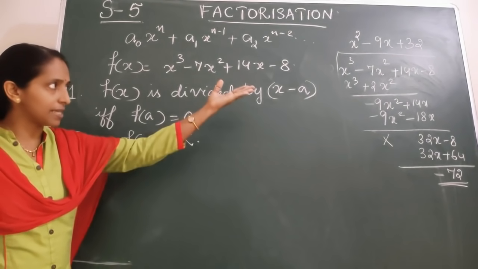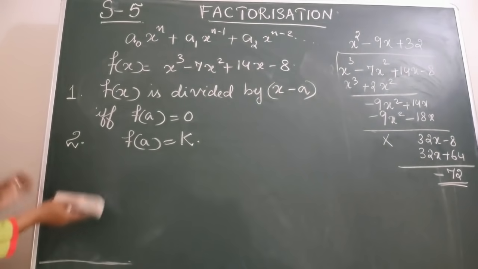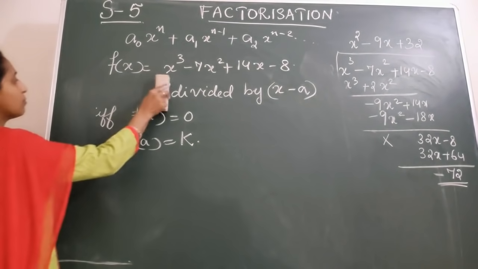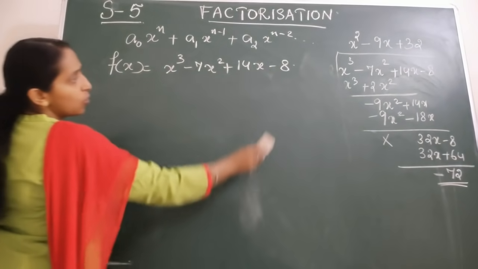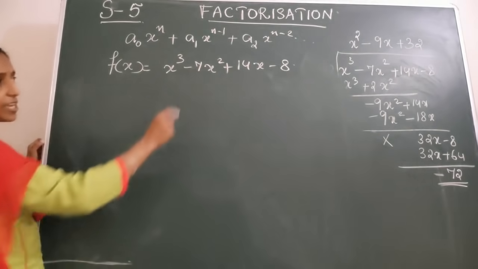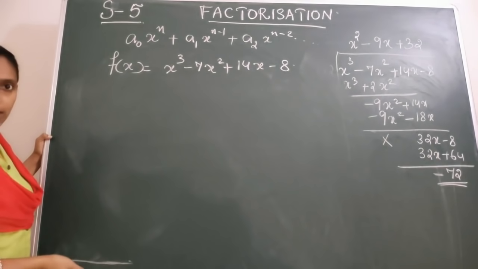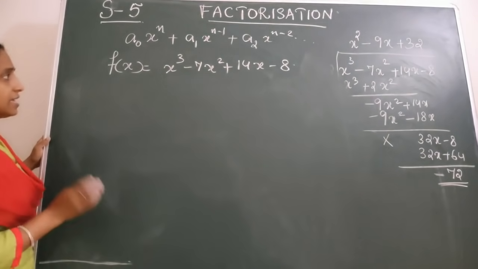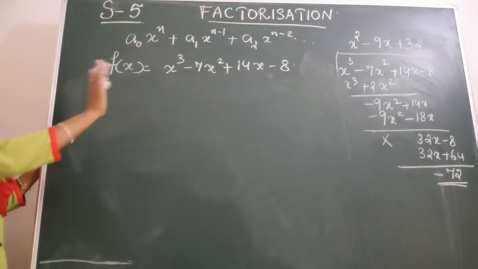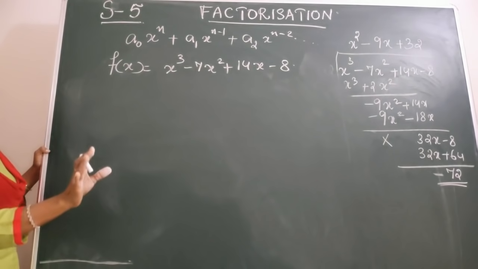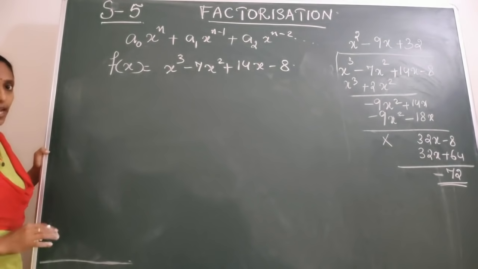The same example I will explain. Without dividing the polynomial you can check whether it is a factor or not, because in the lower classes you were dividing and finding the remainder, or dividing and finding out whether it is a factor or not. Here in this class we will see that without actual division we can find out whether x minus 1 is a factor.